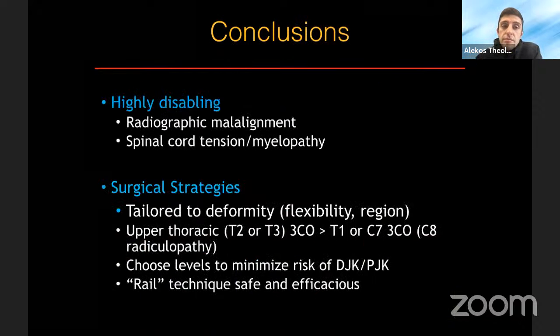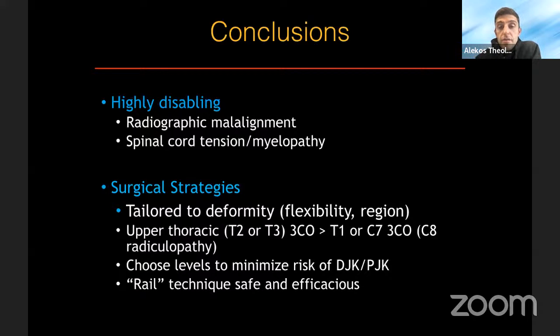They're very disabling in terms of quality of life, both from the radiographic malalignment as well as the neural tension and associated symptoms. Surgical strategies really should be tailored to the deformity: assess the flexibility, and really define the region of the deformity.